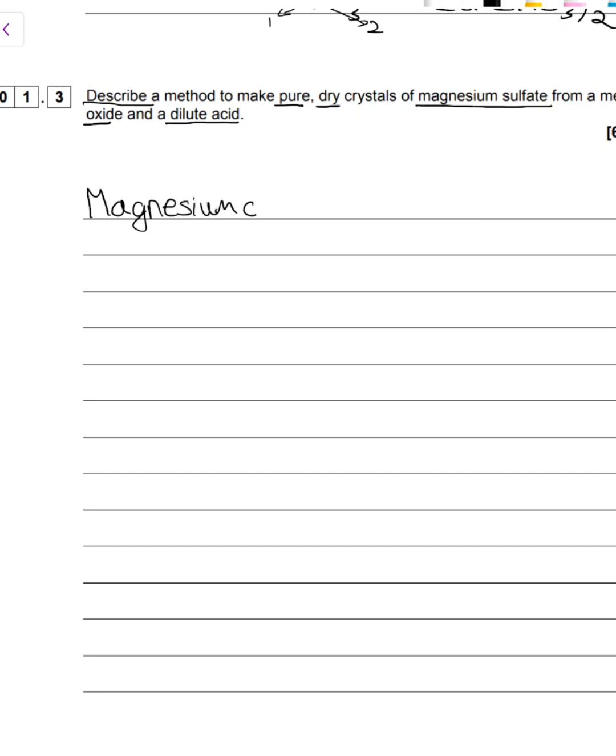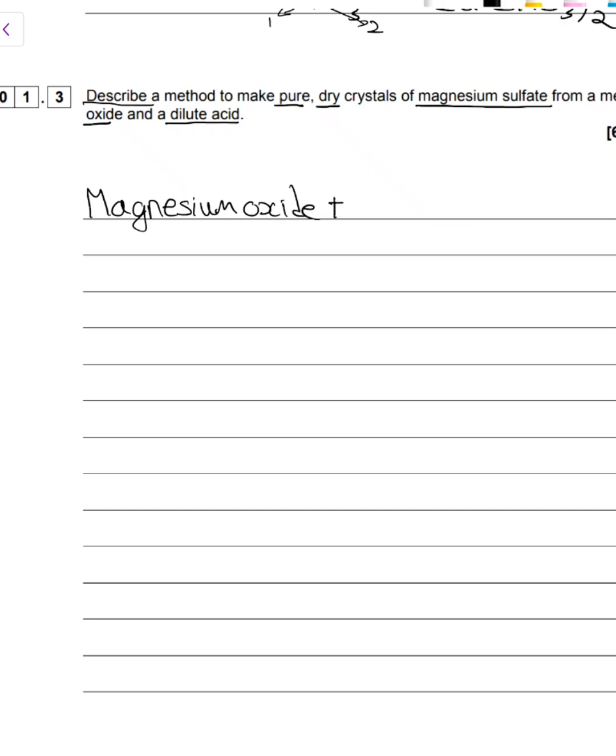But before doing that, and this isn't essential that you do this, but I'm going to write a word equation for what we're going to do to get magnesium sulfate. So I'm going to write down here that we need to get some way to get the magnesium. Magnesium is going to come from the metal oxide. So we need magnesium oxide plus, and we need some way to get the sulfate.